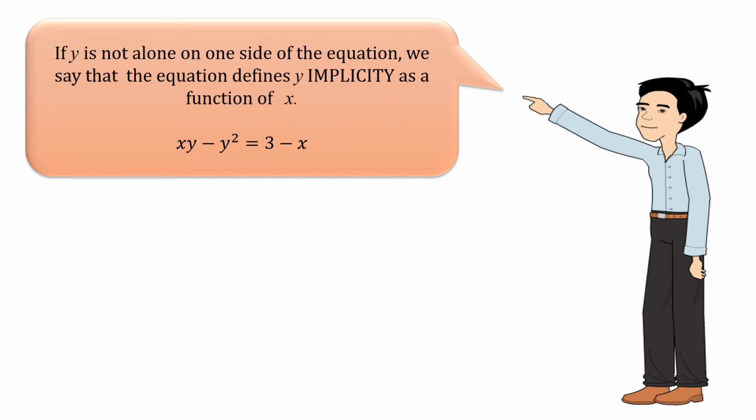If y is not alone on one side of the equation, we say that the equation defines y implicitly as a function of x. For example, xy minus y square equal to 3 minus x.